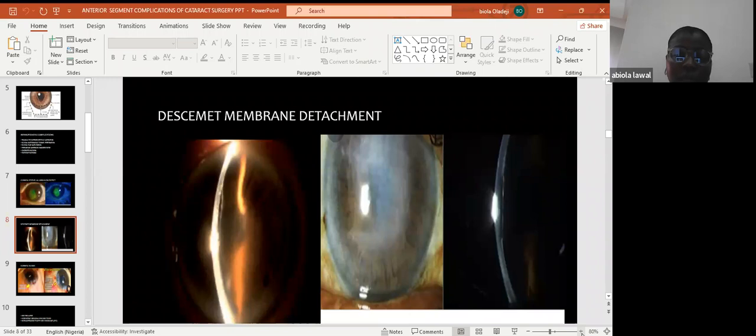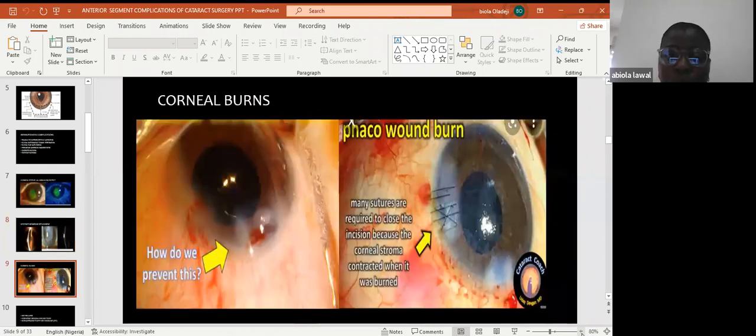Sometimes you may need to put visco to push the Descemet's membrane back in place. And sometimes you may need to use expansile gases like sulfur hexafluoride and perfluoropropane, which can also be used to reposition the Descemet's membrane. So it's an important intraoperative complication that can affect the visual outcome.